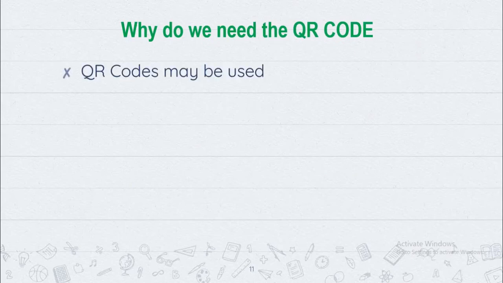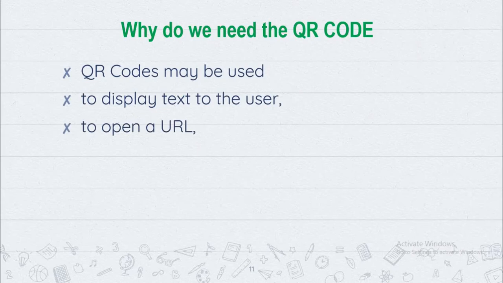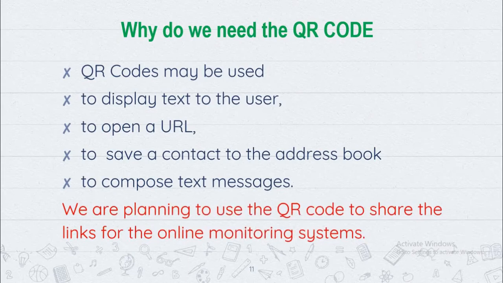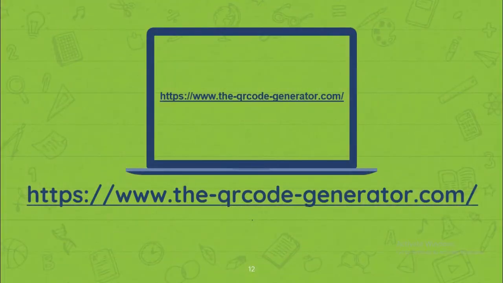Why do we need the QR code? QR codes may be used to display text to the user, to open a URL, to save a contact to the address book, to compose text messages. We are planning to use the QR code to share the link for the online monitoring systems. The QR code can be generated using the following website. There are many websites.